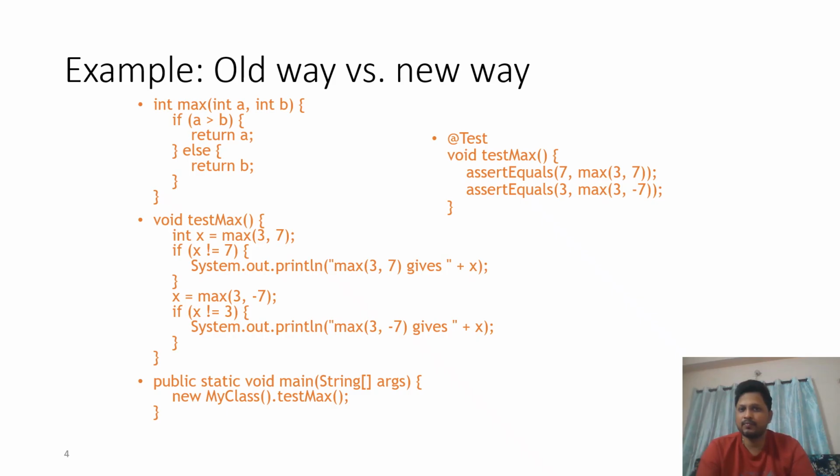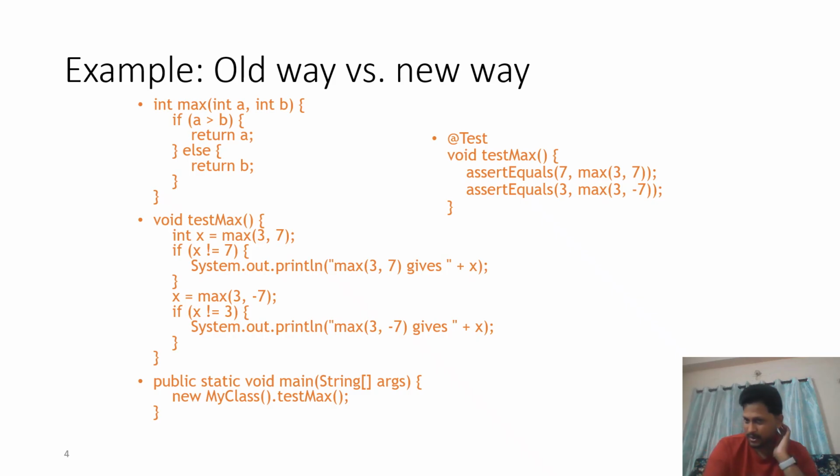Next is an example I am showing, of the old way of testing and the new way after coming to JUnit, and how you utilize it. In the olden way, in old Java code before the coming of JUnit, we used to write it class by class, and write everything logically.